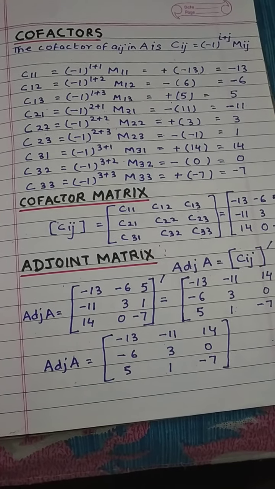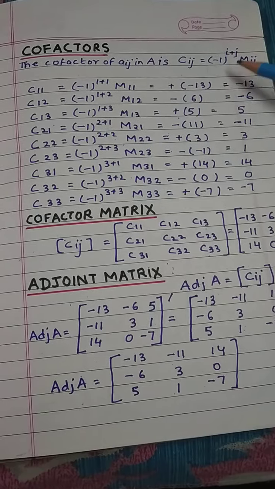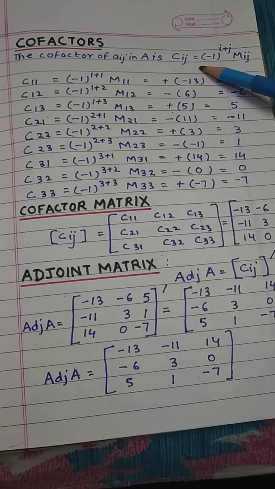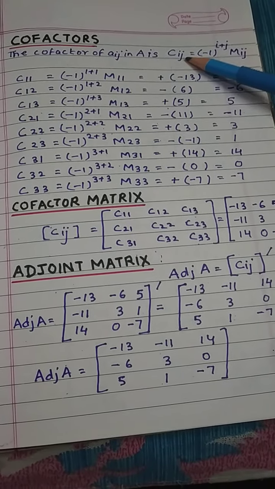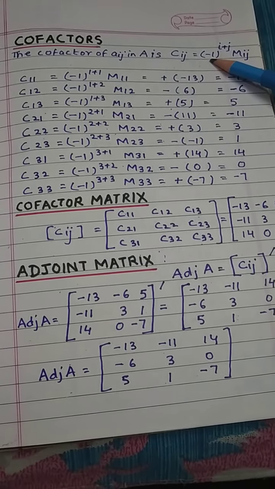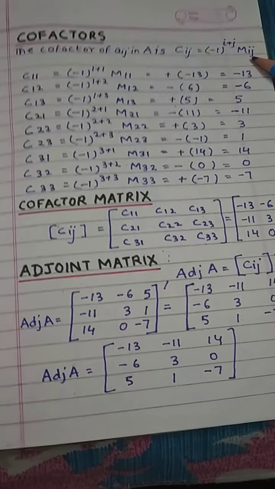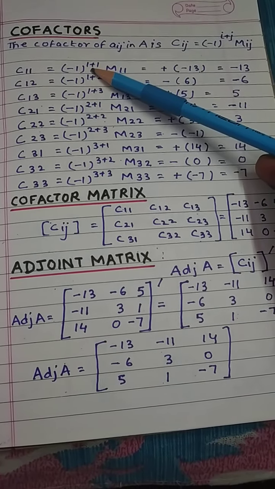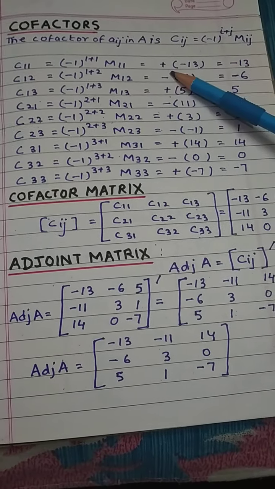We know the formula of cofactor as we have studied before. In case of 2 rows, 2 columns, the same formula we will apply. Cij equals minus 1 to the power i plus j multiplied by Mij. C11 is minus 1 to the power 1 plus 1 M11.